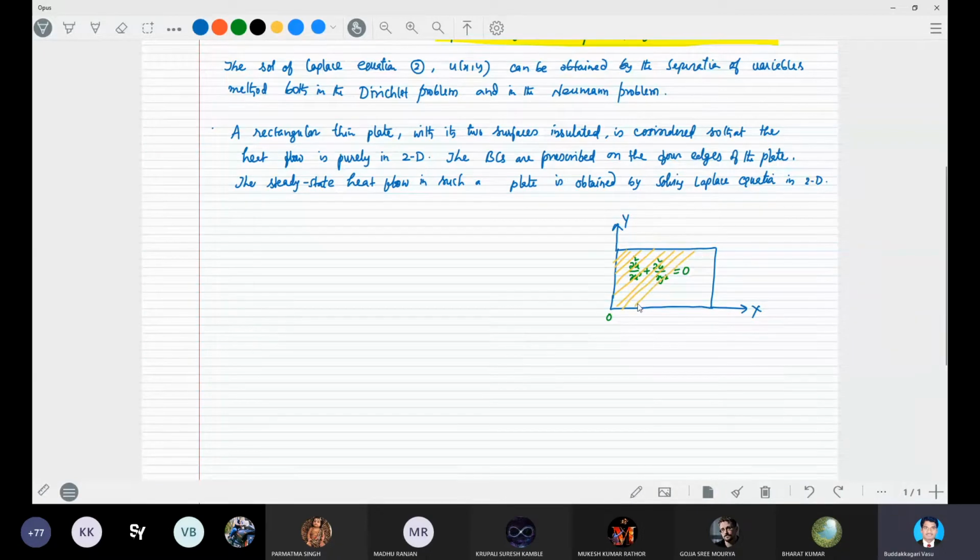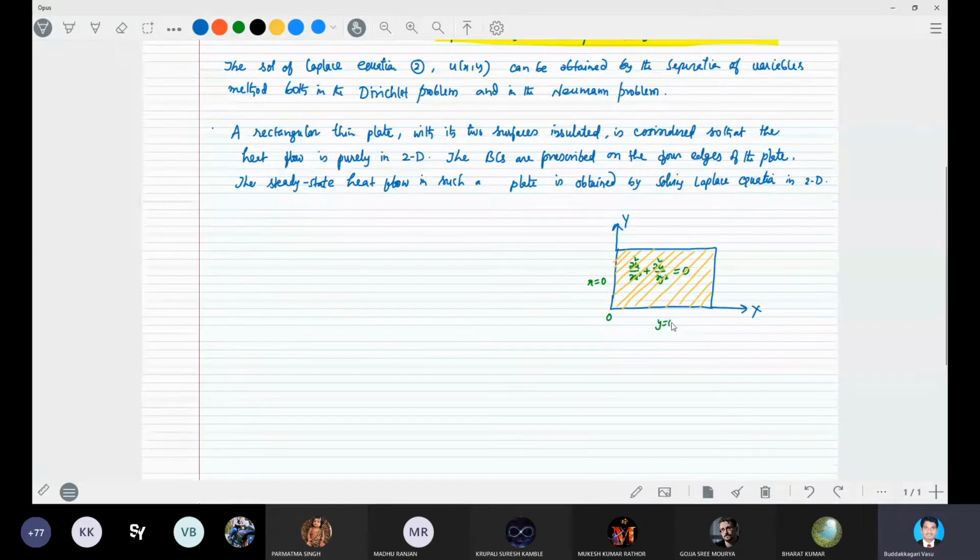It has four faces. This will be x = 0, this will be y = 0, this will be x = a, and this will be y = b.